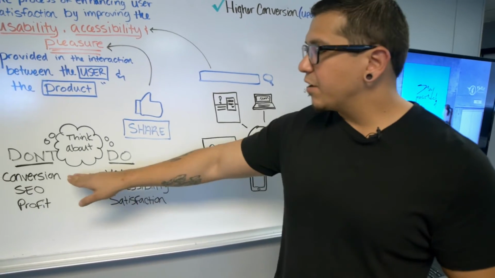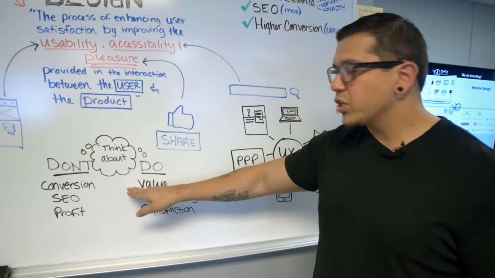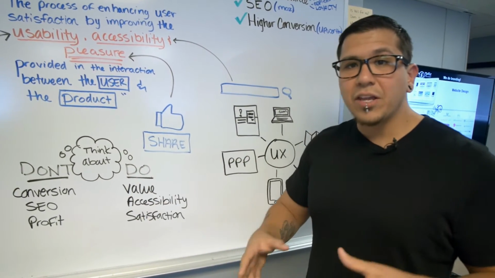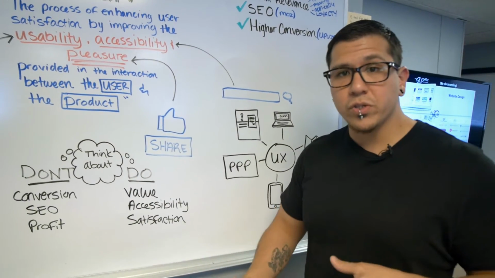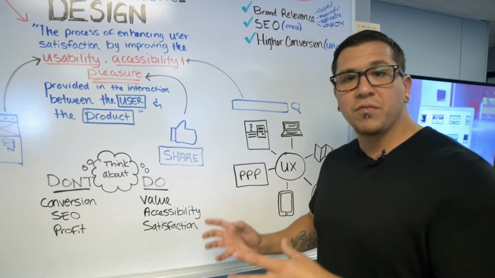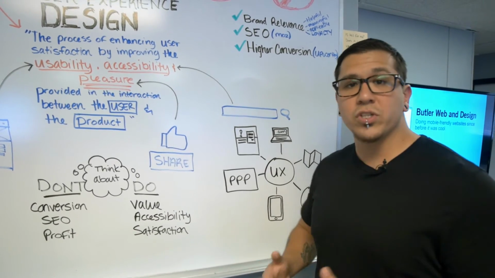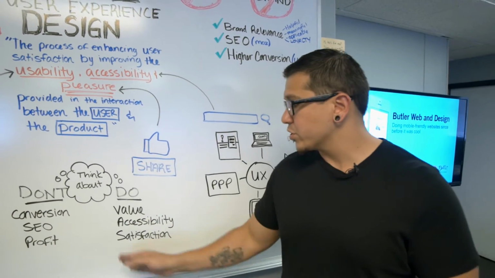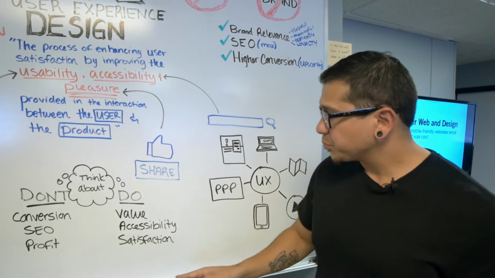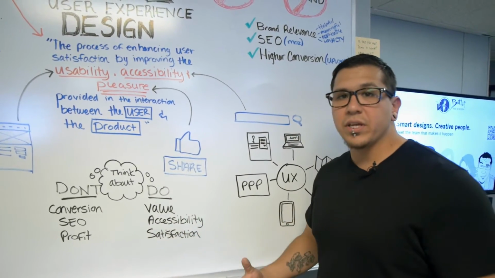In other words, if your landing page isn't converting, what piece of information are you missing that your customers, your users, aren't seeing value in your brand? If you're not accessible, what piece of information or functionality or content might you be missing where search engines don't think you're relevant to your users, so you're not easily accessible? And if you're not turning a profit, how satisfying is the experience for your users?